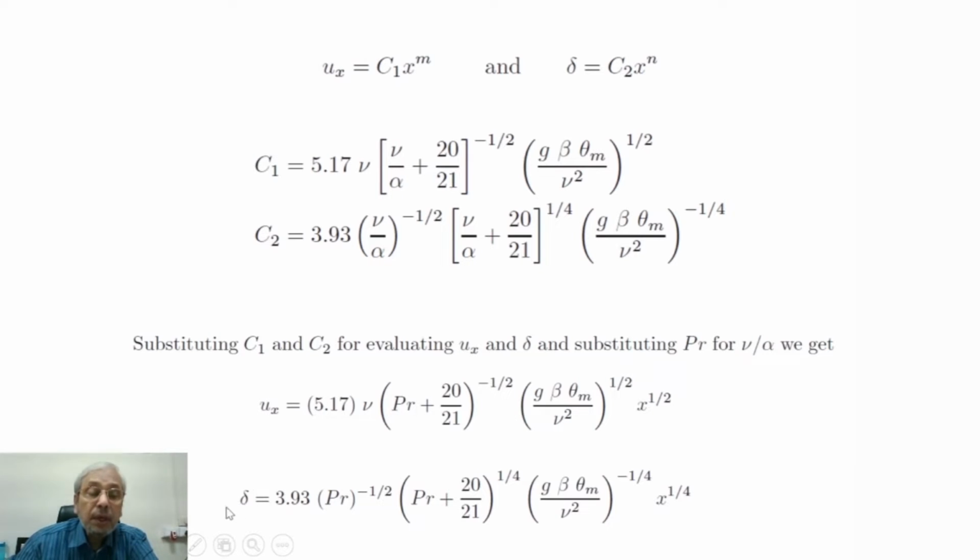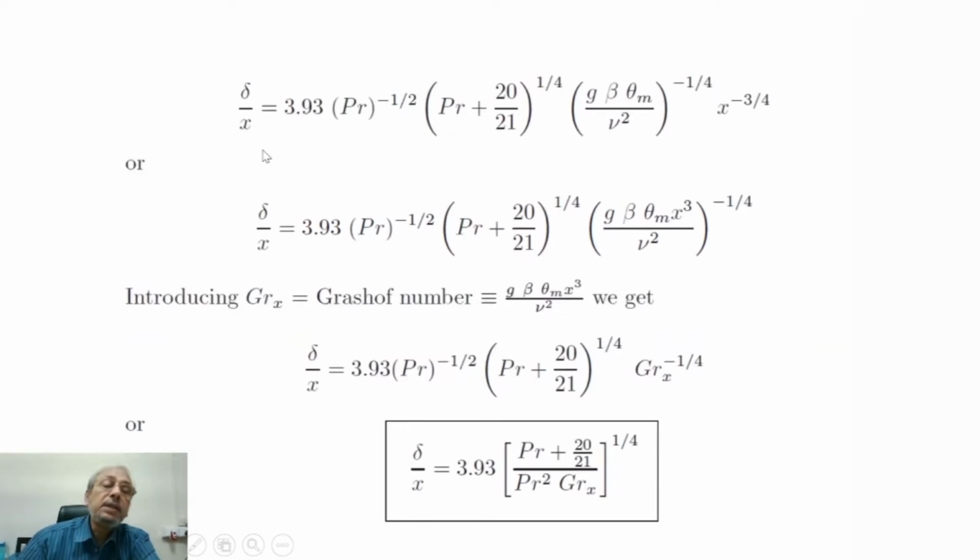Here, of course, we have taken the boundary layer profile such that the thermal boundary layer and the hydrodynamic or velocity boundary layer are the same, and this is created because of thermal buoyancy, and mostly such flows are for fluids like air, or fluids where the Prandtl number is very close to 1.